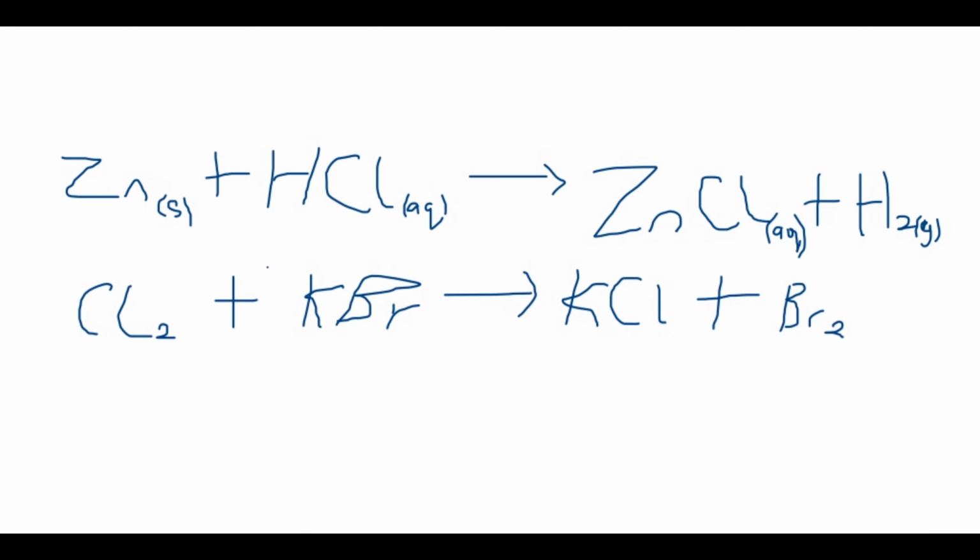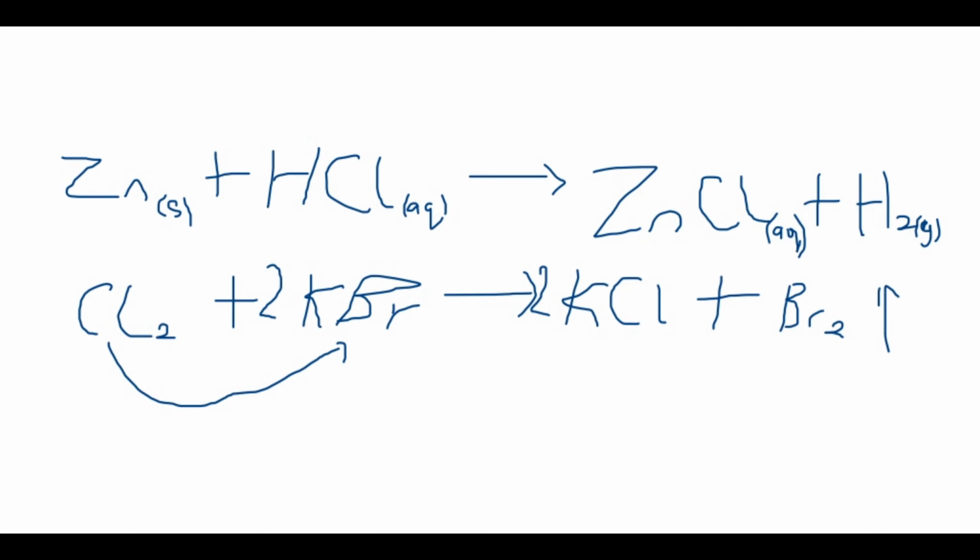Now I'm just going to balance this equation. Note here that chlorine displaces bromine in the reaction, and it takes the place of bromine in potassium bromide to form potassium chloride, and bromine is liberated.